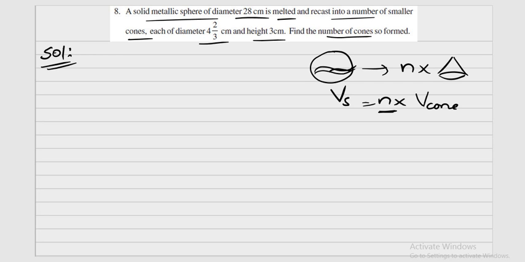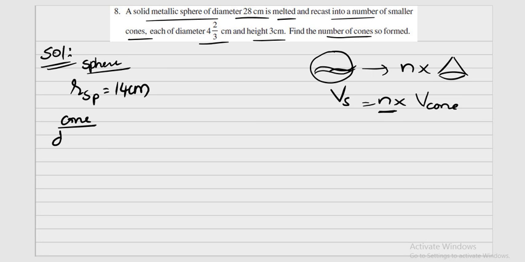So writing down the values of the sphere first. For the sphere, what are the things that are given? The diameter is given. So from that, the radius of the sphere I can directly write as 14 centimeters. Next, he has given the diameter of the cone, right?